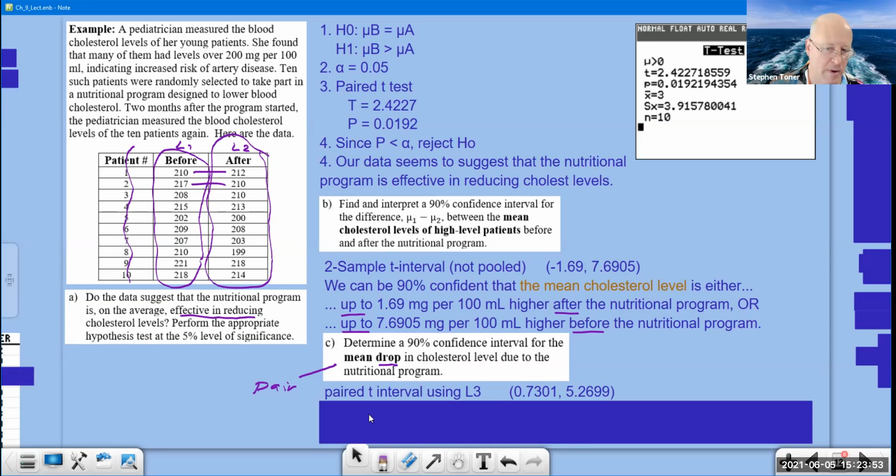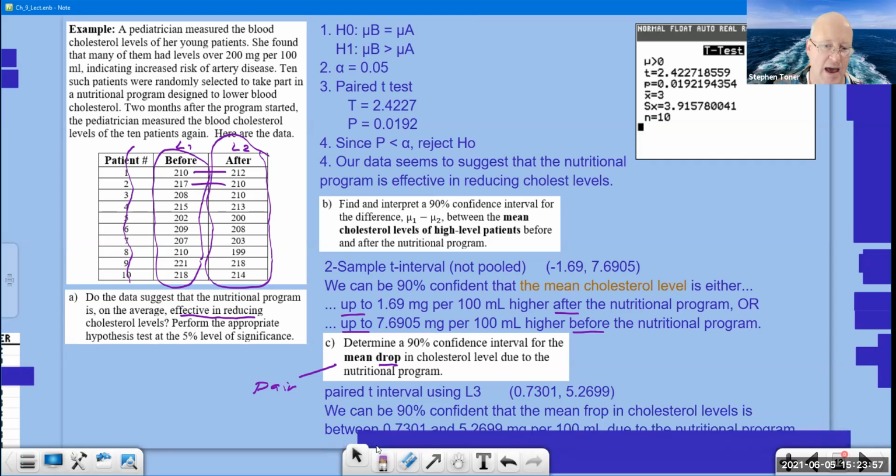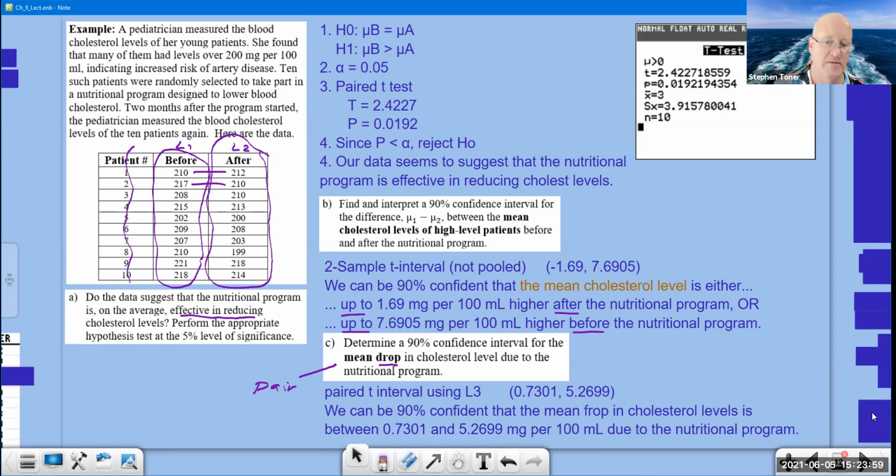So bottom line, what do we have here? We're going to be saying that we can be 90% confident that the mean drop in cholesterol levels is between 0.7301 and 5.2699 milligrams per 100 milliliter due to the nutritional program.